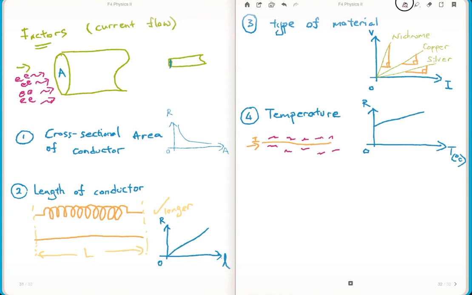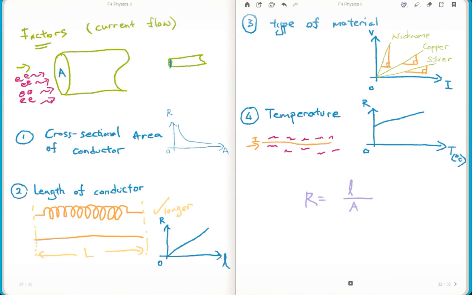So therefore, they have an equation for resistance. R is directly proportional to the length, and inversely proportional to the area, as in here, 1 and 2.